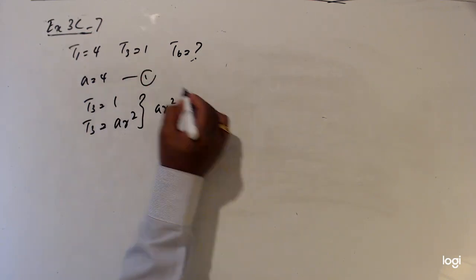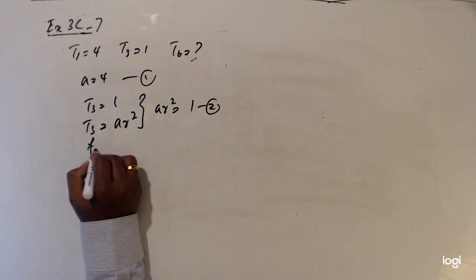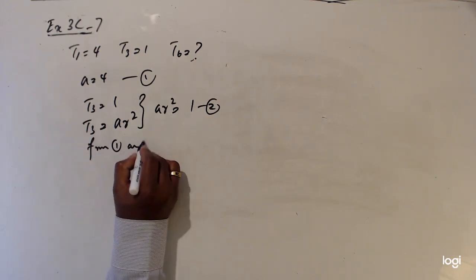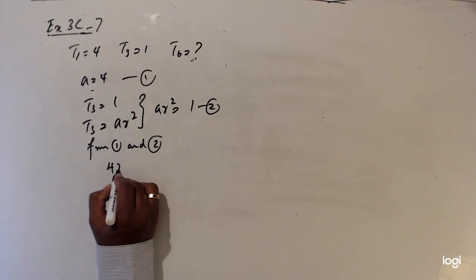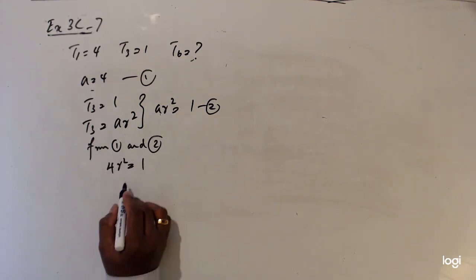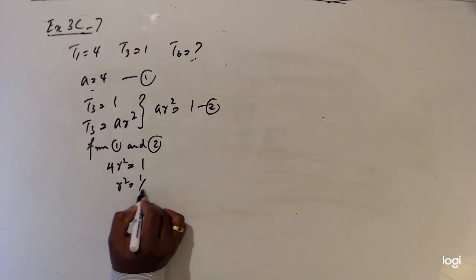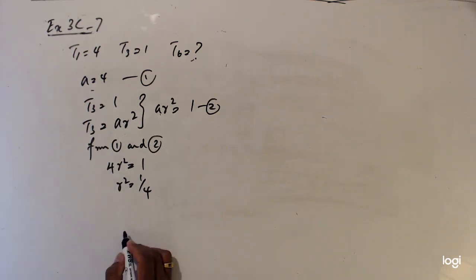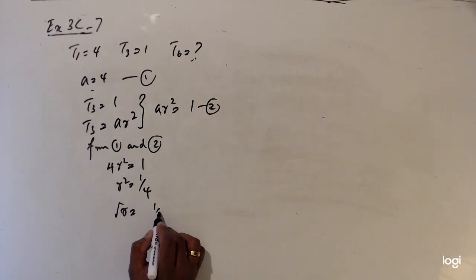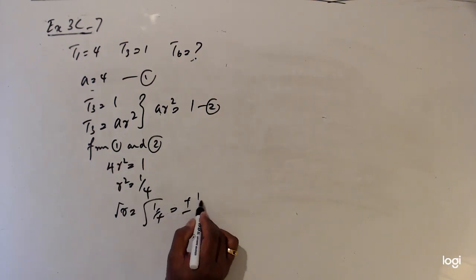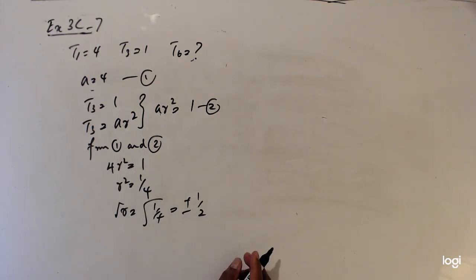This is equation 1 and this is equation 2. From 1 and 2, we know A equals 4. We substitute here: 4R^2 equals 1. So R^2 equals 1 over 4. Taking the square root, R equals plus or minus half.